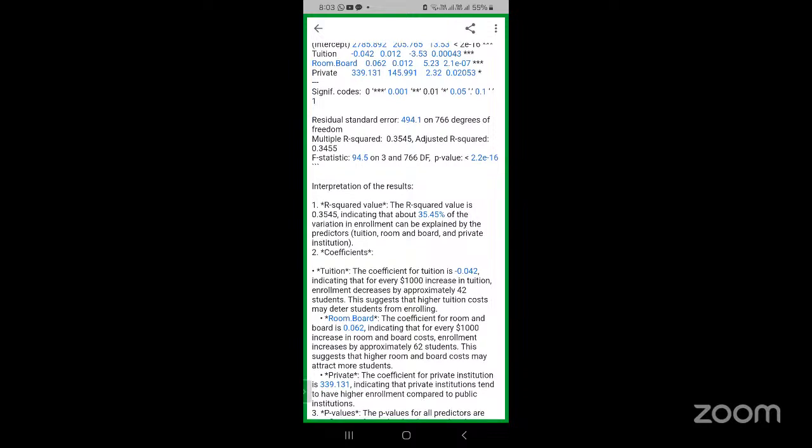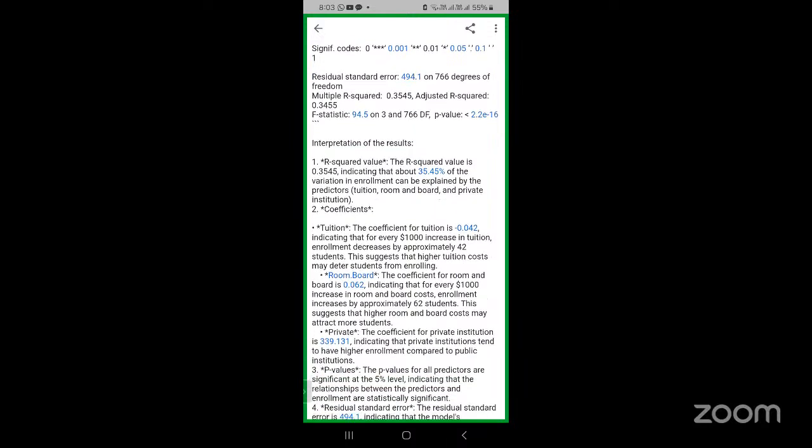Next is the coefficient. The coefficient for tuition is minus 0.042, indicating that for every $1,000 increase in tuition, enrollment decreases by approximately 42 students. This suggests that higher tuition costs may deter students from enrolling.